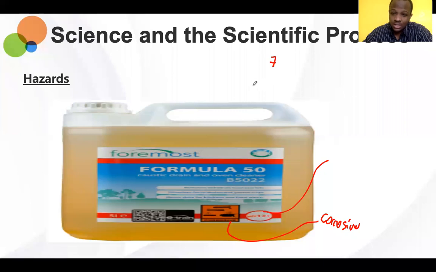But when a liquid becomes a pH of 13 or over, that is hazardous. Or if the liquid has a pH of 1. It has to be in the middle. You don't need to focus on that. That's just for information purposes. So that is the reason why it is actually corrosive, because the pH is not close to 7. The pH for water is close to 7. You can do more research on that, but I just wanted to highlight that.